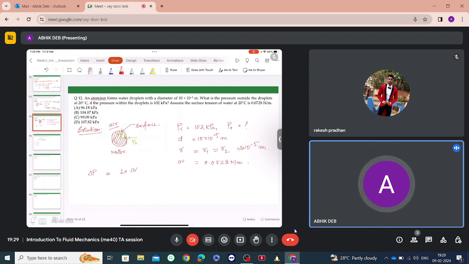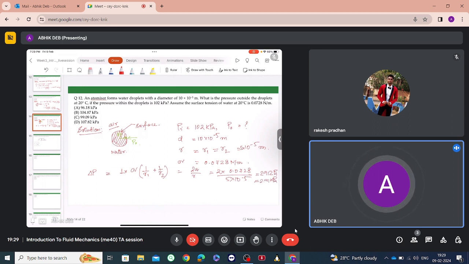So delta P here, there is only one surface, so it is sigma into 1 upon r1 plus 1 upon r2, where r1 equals r2, so this will be 2 sigma by r. 2 into 0.0728 by the radius, 5 into 10 to the power minus 5. The value comes out to be 2912 Pascal or 2.91 kPa.